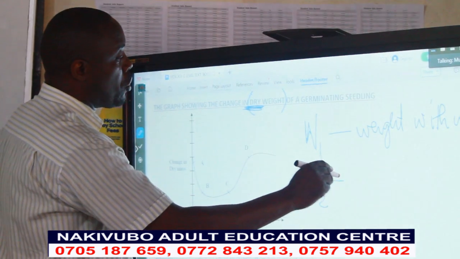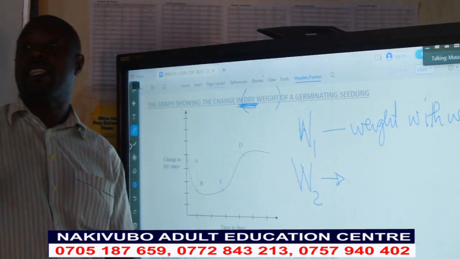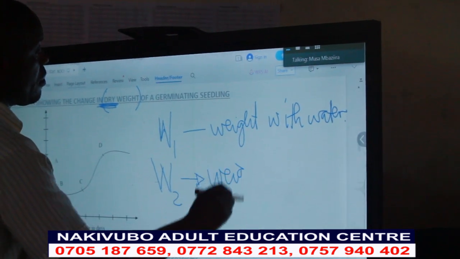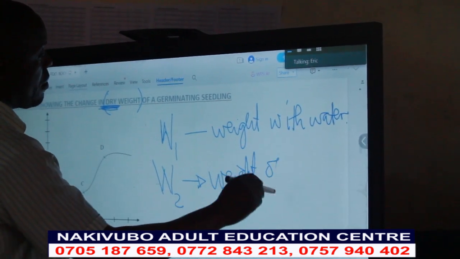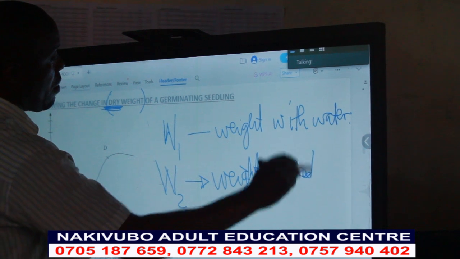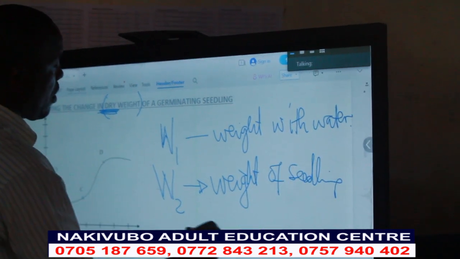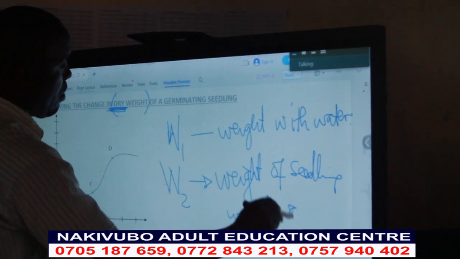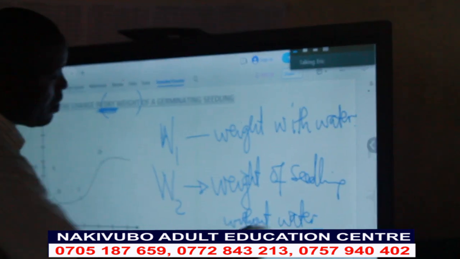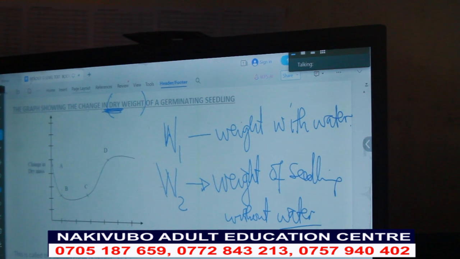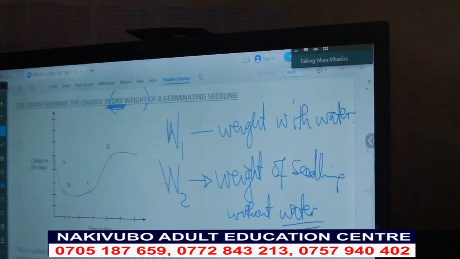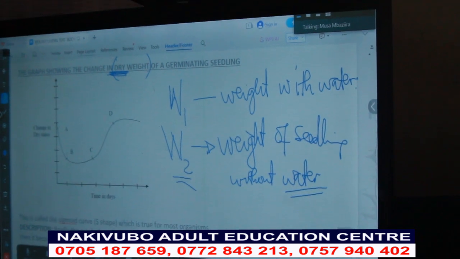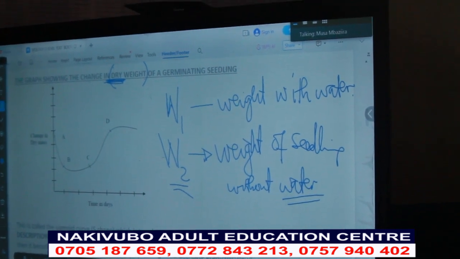W2. Now W2 means what? The weight of the seedling without water. Is this clear? This W2 is what we call the dry mass.